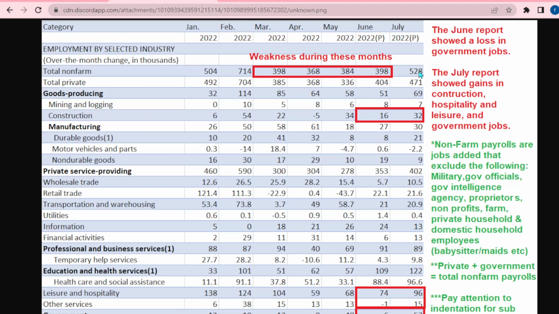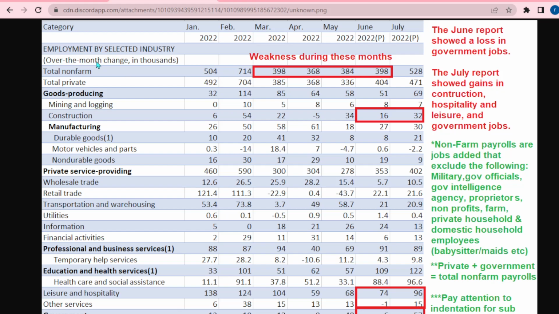So let's just go ahead and talk about this report right here. So if we're just looking at March, April, May, and June, we had a lot of weakness during these months. Keep in mind that we did start the rate hikes in March. So if we're looking at January and February, especially February, we had 714,000 jobs that were added.